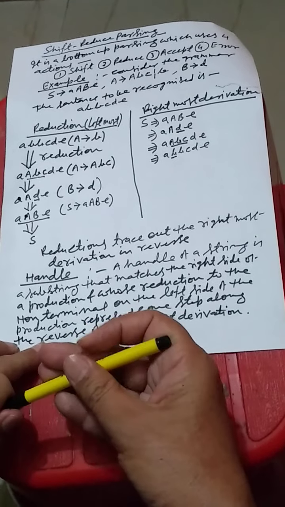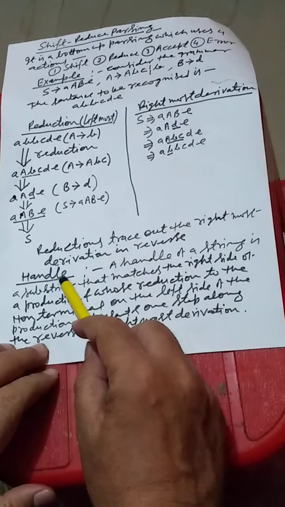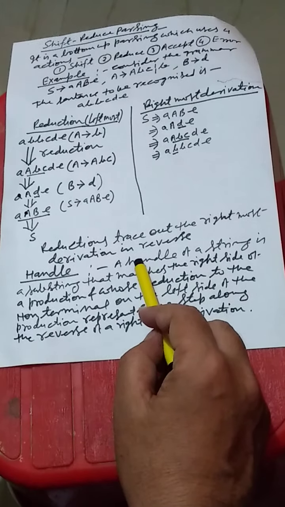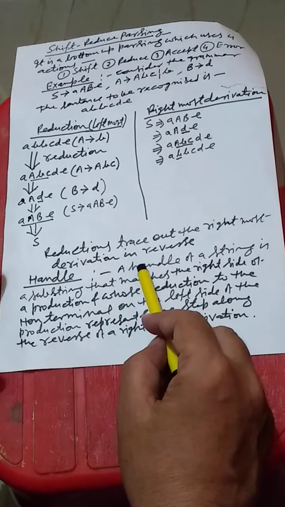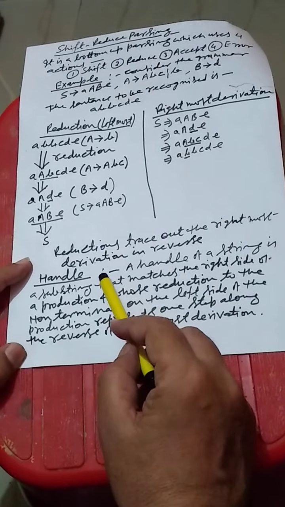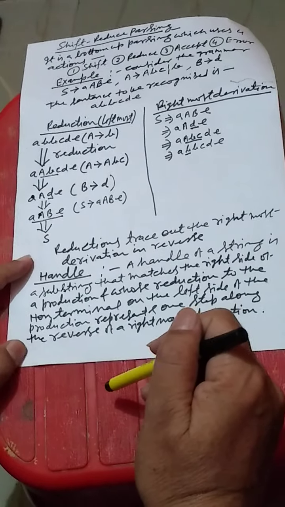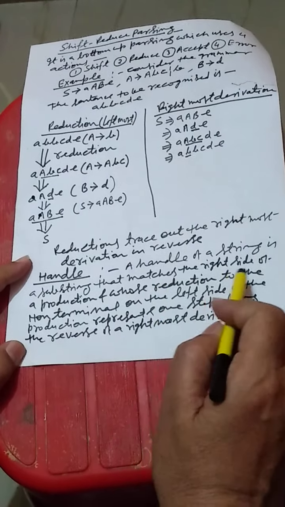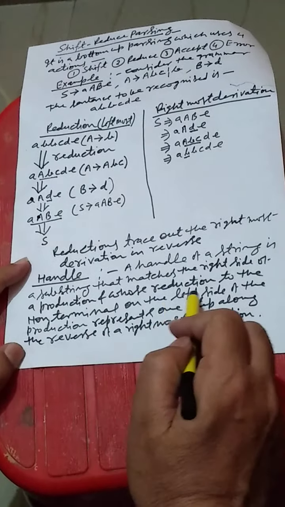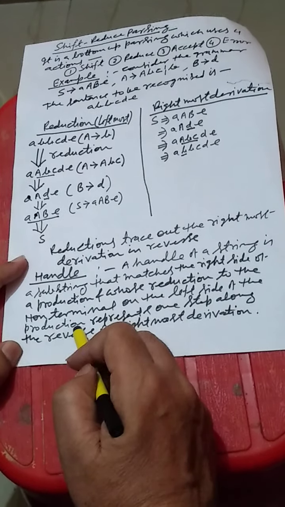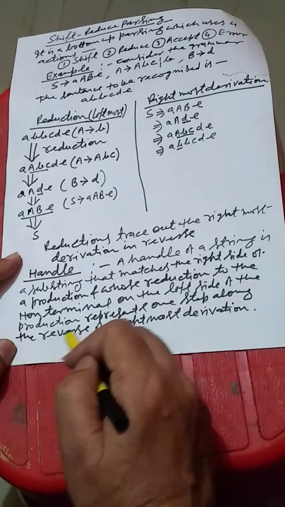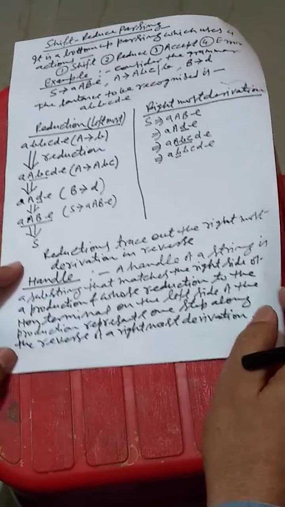It means a handle will always be calculated for a given string, and it is a substring of that string. Not every substring of a given string is a handle. It is only that substring whose reduction to the non-terminal on the left side of the production represents one step along the reverse of a rightmost derivation.